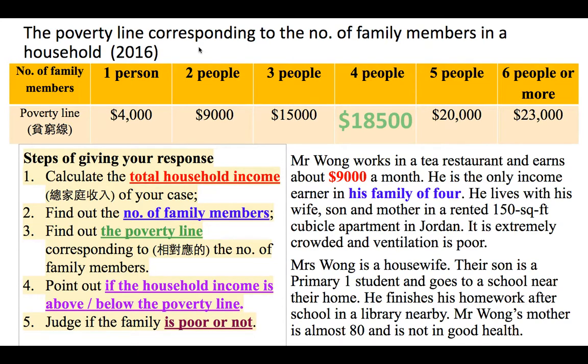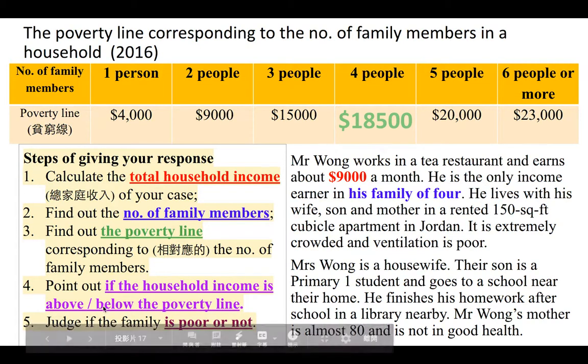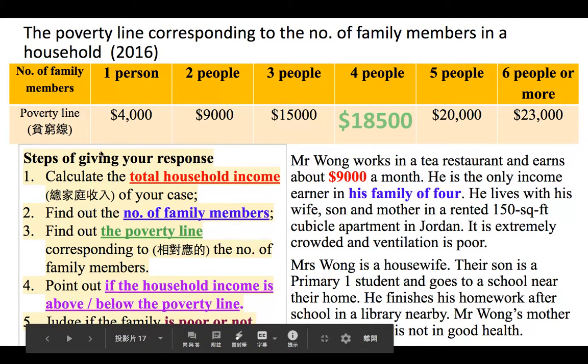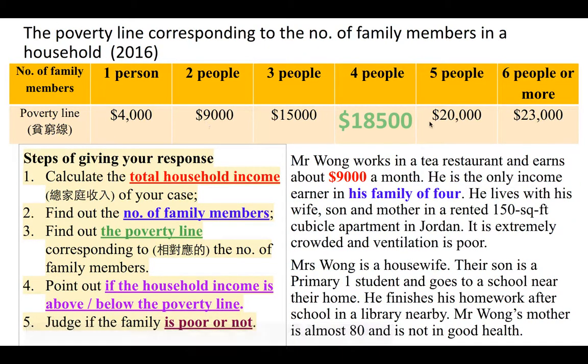Now we have this. So here are the 5 steps that we have just come across. What about the data here? You can see these are the poverty lines of different households with different family members. If the family just has one person, the poverty line is 4,000.